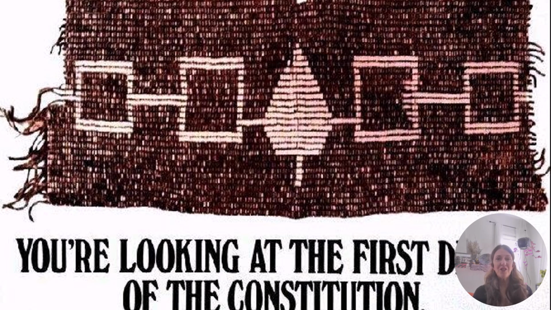So I like to start with this slide because I think it's kind of arresting. It sort of makes you stop and look, and then you look at the message underneath that. You're looking at the first draft of the United States Constitution. And when I show this slide, some people know what that is that you're looking at, and some people are more taken by the words underneath it.